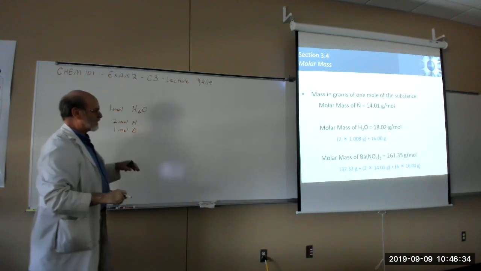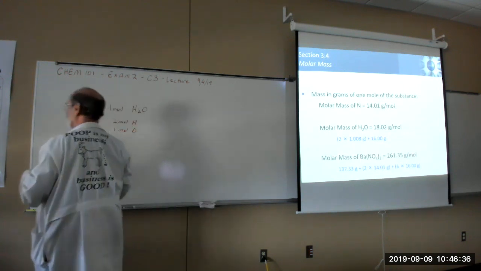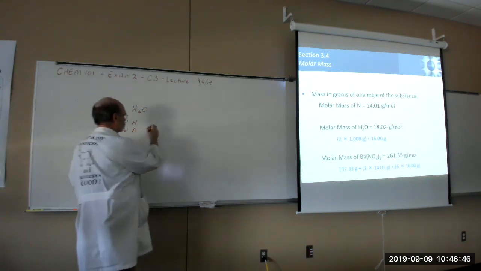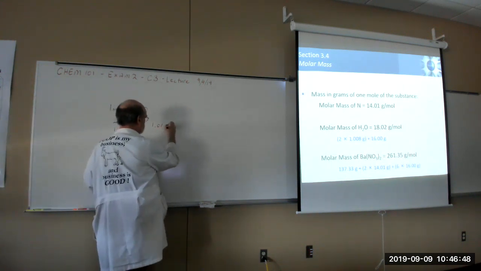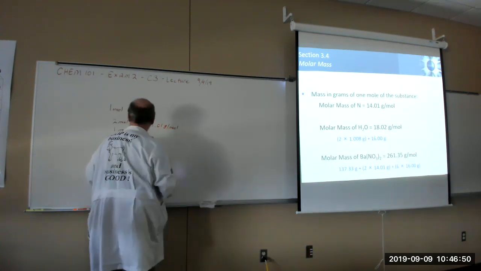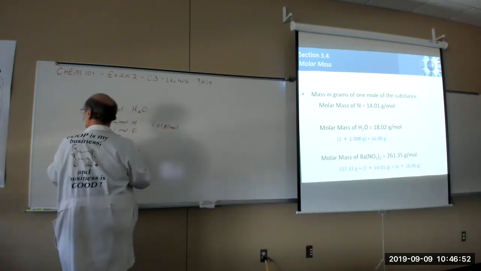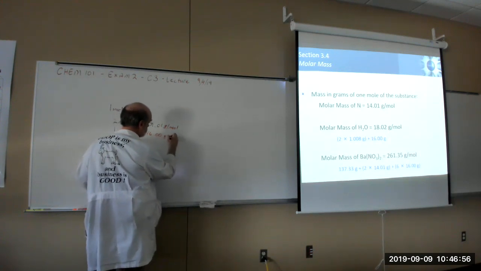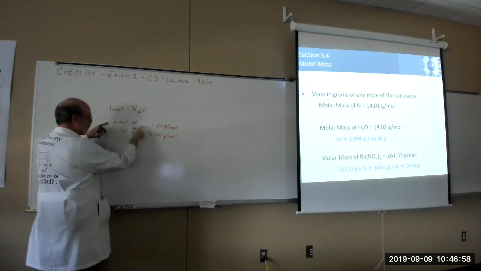Hydrogen is 1.01 grams per mole, and oxygen is 16, rounded off to 2 decimal places.